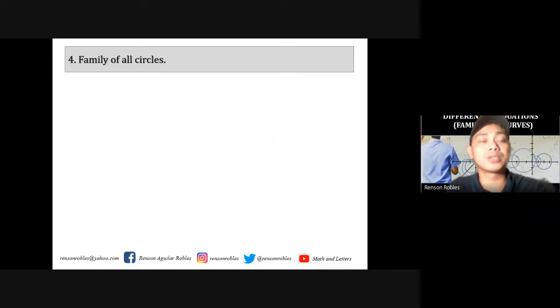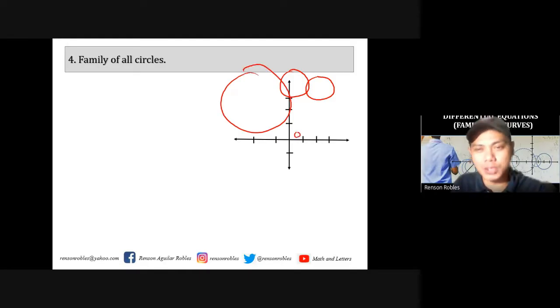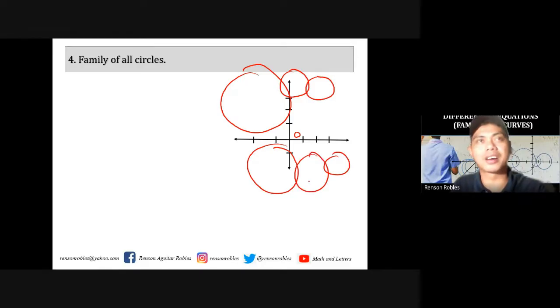Say we want to determine the differential equation for the family of all circles. So let's draw some members of the family, even bigger, even smaller. Then you can notice that r changes from one circle to another, as well as its center (h, k).